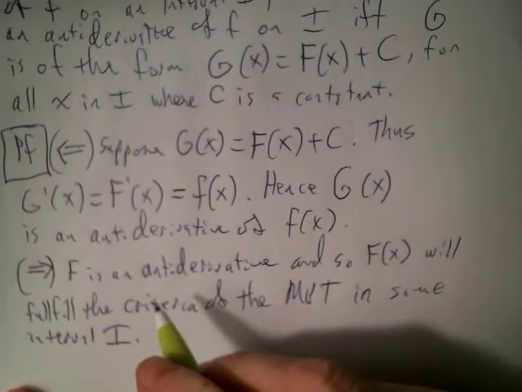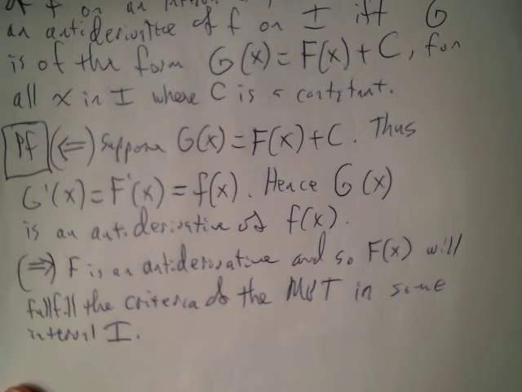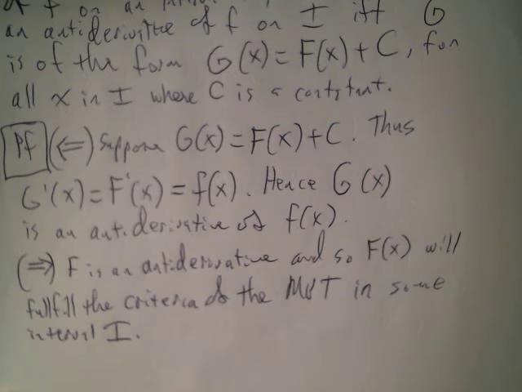and then we'll create an equation which is a difference between big F of x and big G of x, where big G of x is an antiderivative of f. So we're also supposing that big G of x is an antiderivative of f.